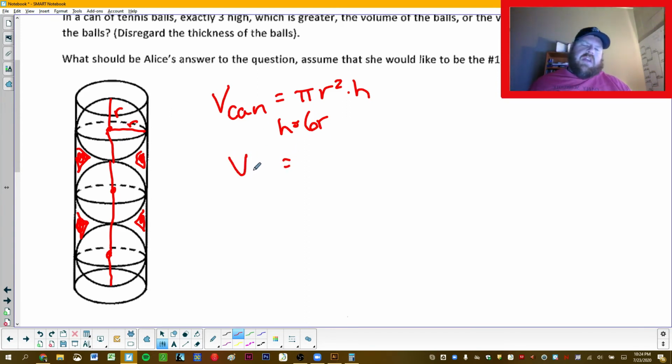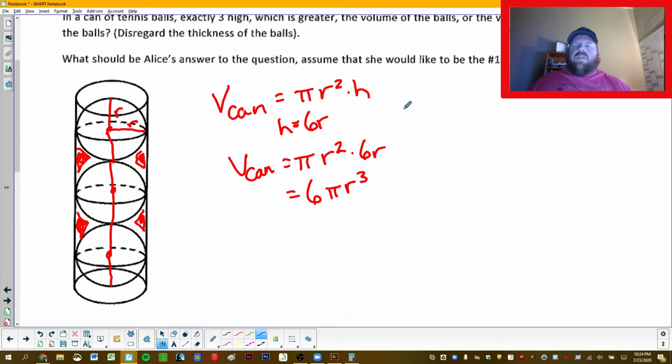So for the volume of the can, we can simplify that to be pi r squared times 6r. When we simplify that a little bit, we're going to end up with 6 pi r cubed.